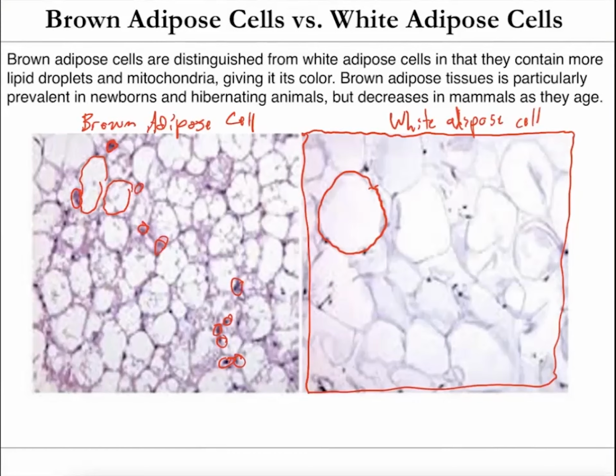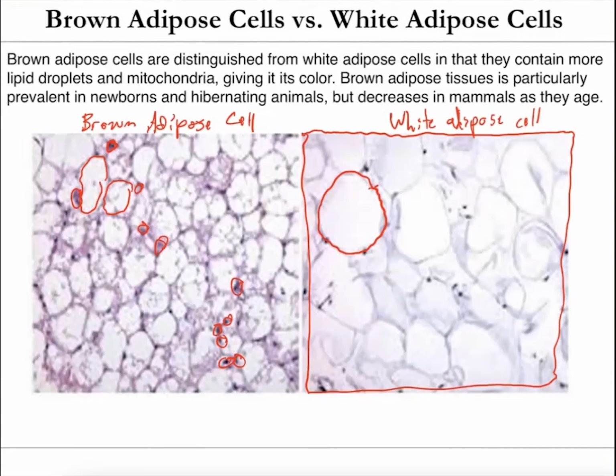Brown adipose tissue is really good for thermoregulation. All those mitochondria breaking down all that fat provide a lot of heat, so it can keep hibernating animals and also newborn infants from going into hypothermia.